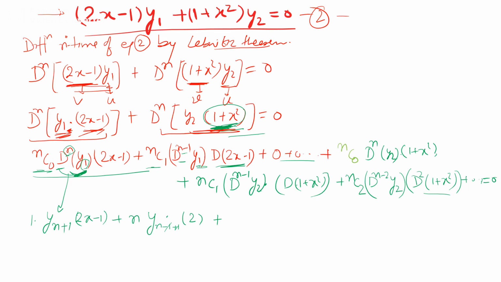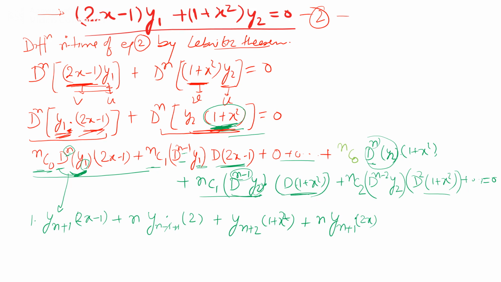For this, nC0 is again 1. The nth derivative of y2 we write y(n plus 2), just adding the power to the suffix, and 1 plus x square, plus, now in that term nC1 is n, and the (n minus 1)th derivative of y2 becomes y(n plus 1), into the first derivative of 1 plus x square, which is 2x.